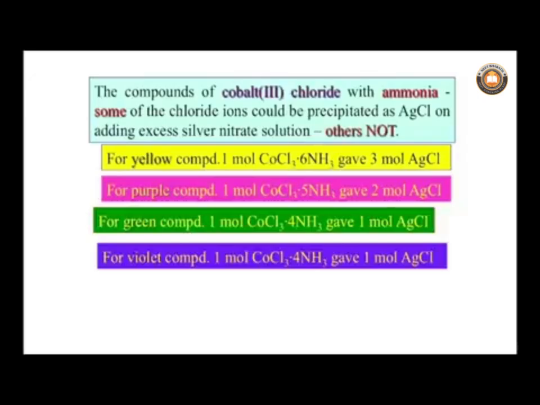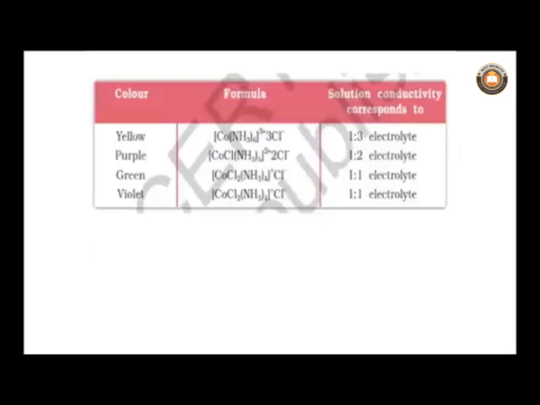If we think of the corresponding molecular formula as 6NH3, 5NH3, 4NH3 in 2 different cases, in the first case all 3 chloride ions will be present as the corresponding anions in the typical salt.